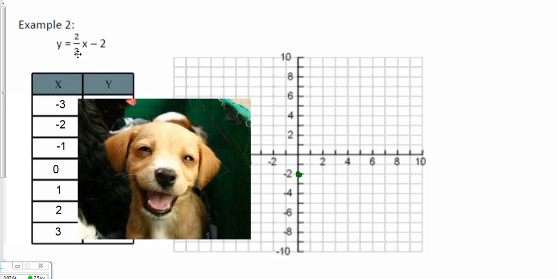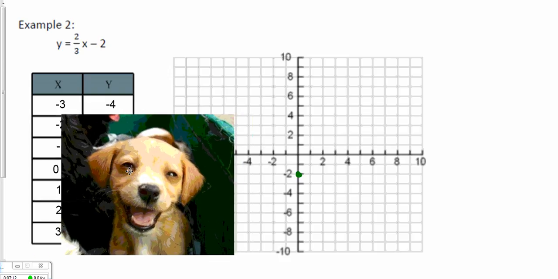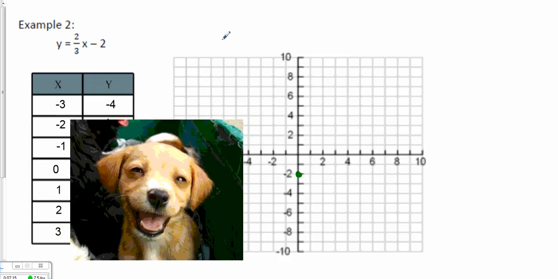Once this becomes -2, we minus 2 more, and we get -4. So we are going to be at the spot -3, -4, right here. That's our first spot.